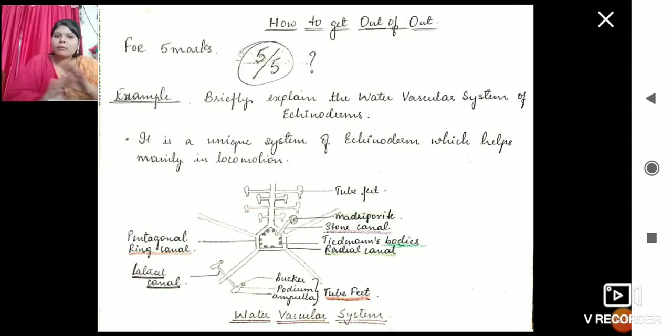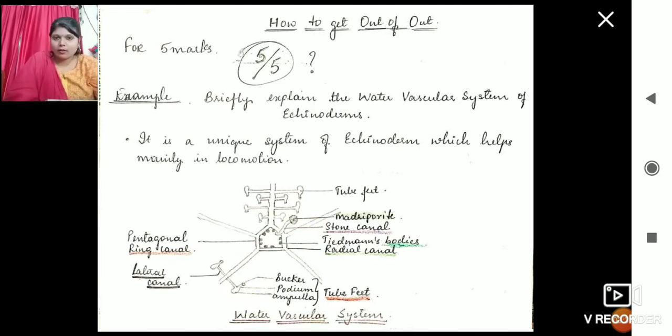So I've combined 2 points there and given one sentence which makes a clear statement saying that I know what the water vascular system is, what exactly it means. Okay, so it clears the mind of the evaluator: yes, this student knows what it is. Once he thinks that yes, he knows the answer, then your answer will be very nice to be read by him or her.